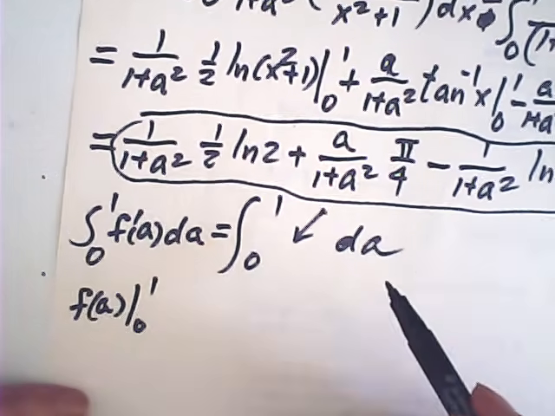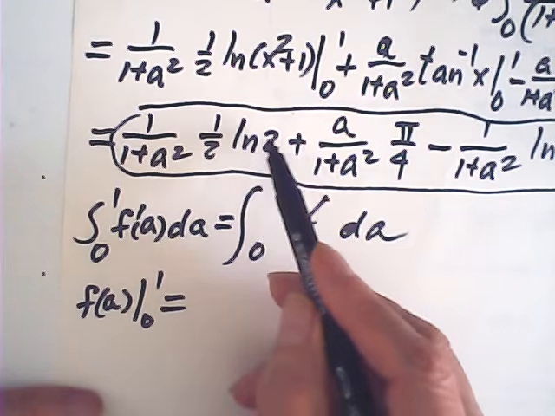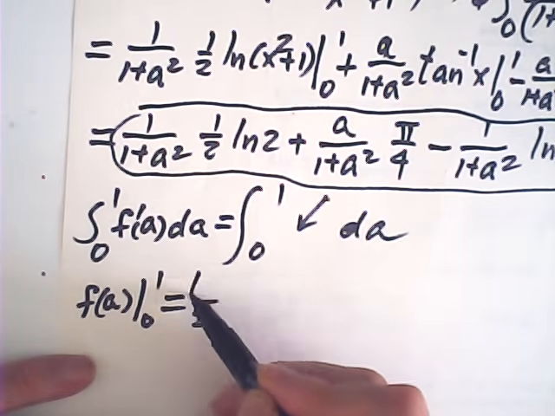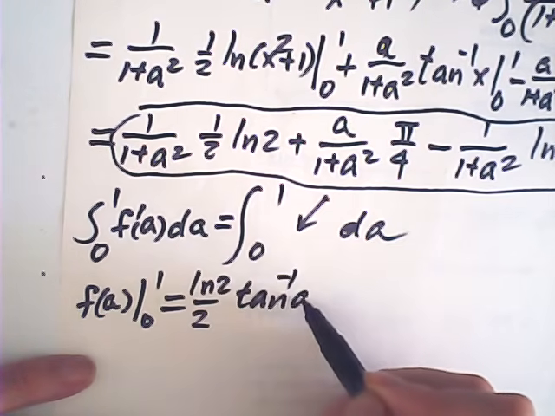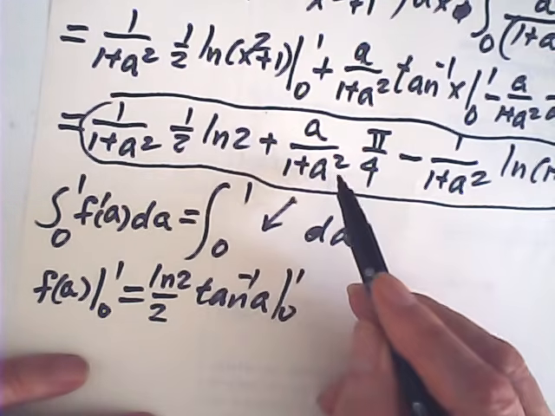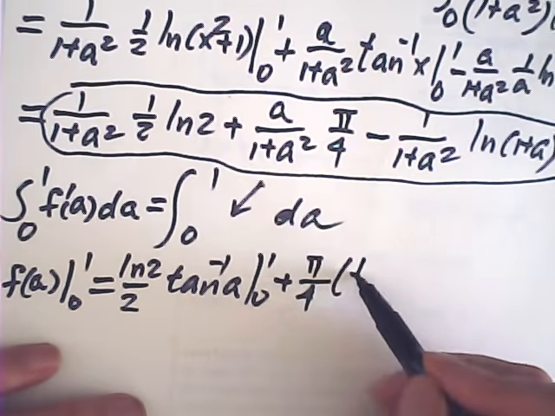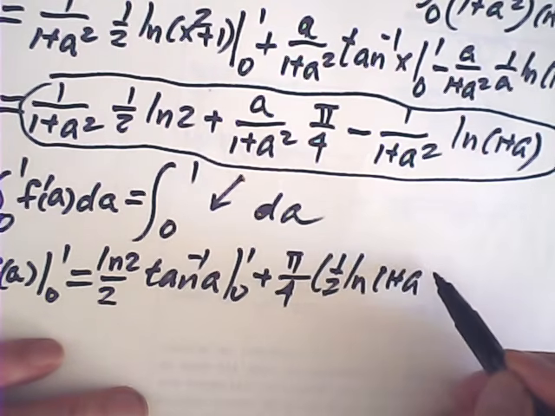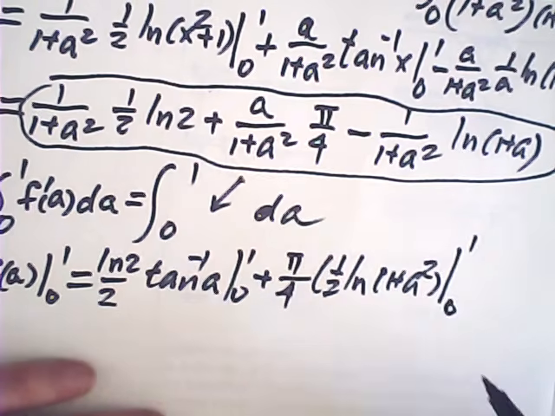Now the right-hand side, I integrate one by one. This is a coefficient, right? This is arctangent, so half log 2 times the integral with respect to a, which is arctangent a, from 0 to 1. This integral is 1/2 log of 1 plus a squared, from 0 to 1.